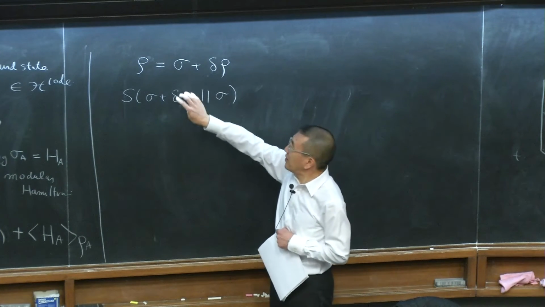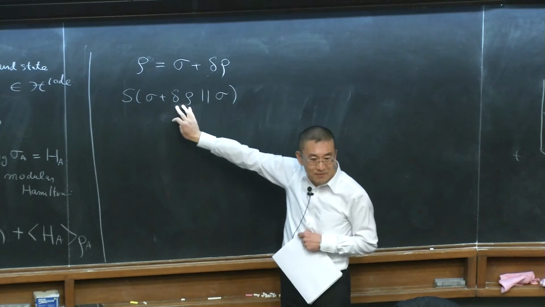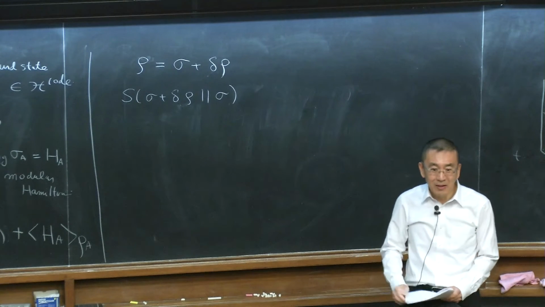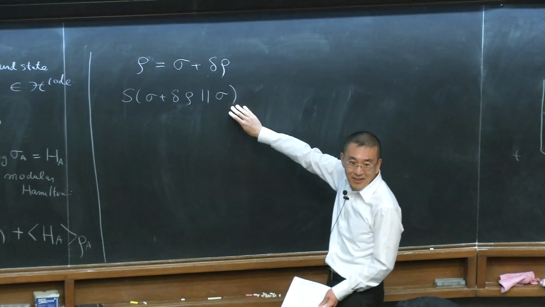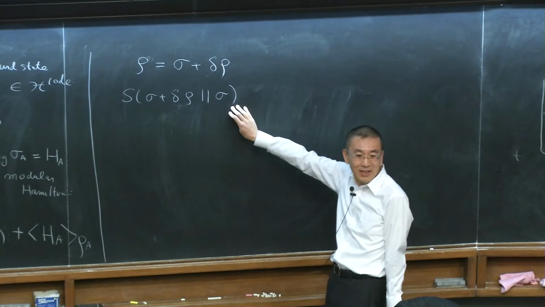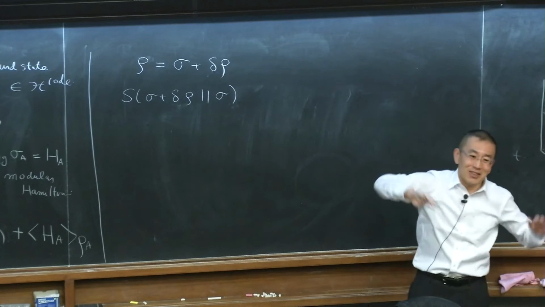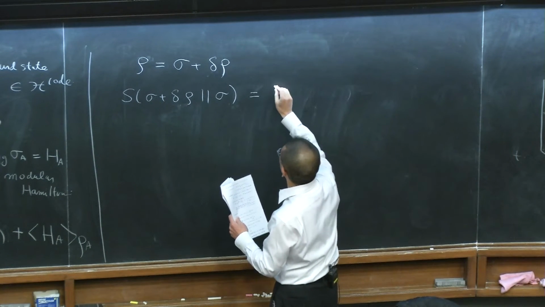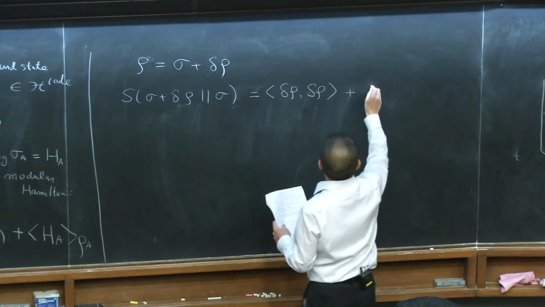But it vanishes if and only if delta rho is 0. So it should start quadratically in delta rho by continuity, because this is non-negative and vanishes if and only if delta rho is 0. It cannot be linear, because if it is linear, then it would be negative on one side or the other. So it should have some kind of quadratic expression plus some higher order terms.